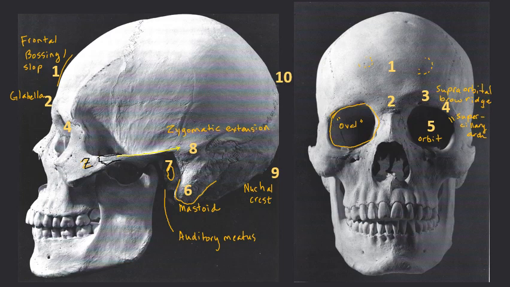And number ten, we have the Inca bone, whether it's present or it isn't present, right around there, and that can help us with ancestry. Okay, so these are the landmarks that we find in that neural cranium. Let's move on and take a look at the visceral cranium.